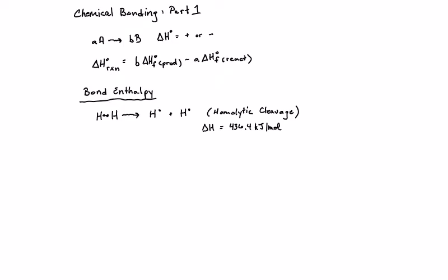So this tells us that in order for us to go from an intact hydrogen-hydrogen bond, energy has to be put in in order to get to two hydrogen radicals. So you can see here we have this change in enthalpy. That is the bond enthalpy.